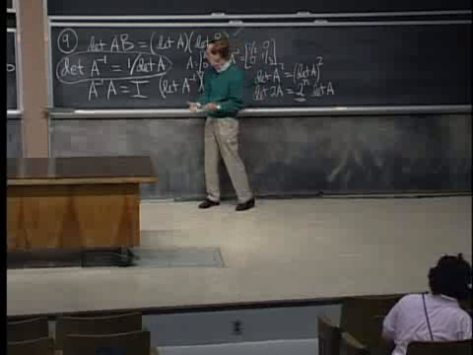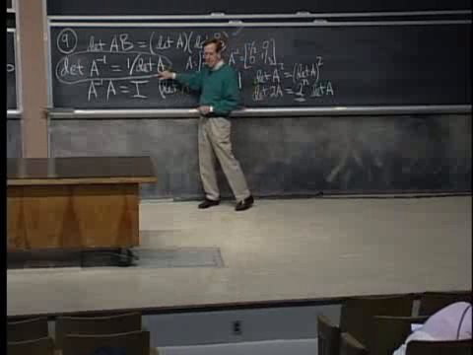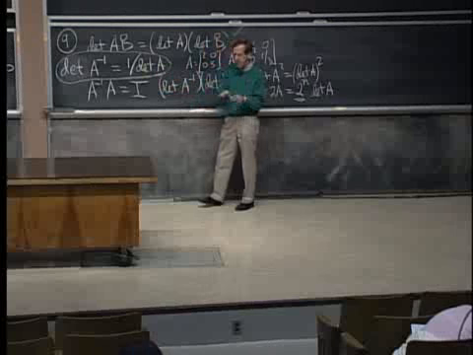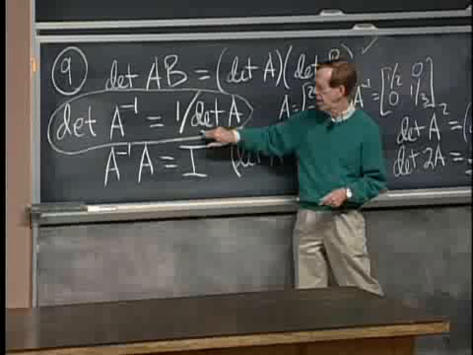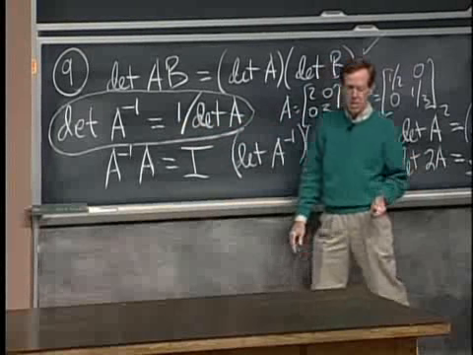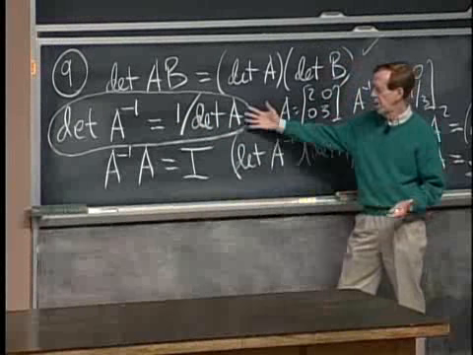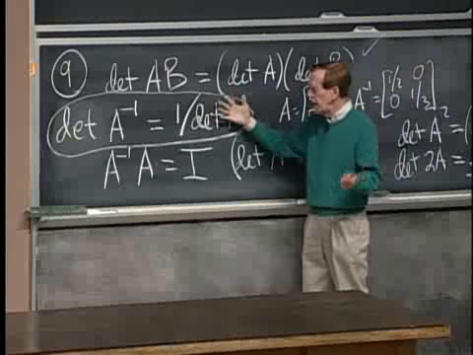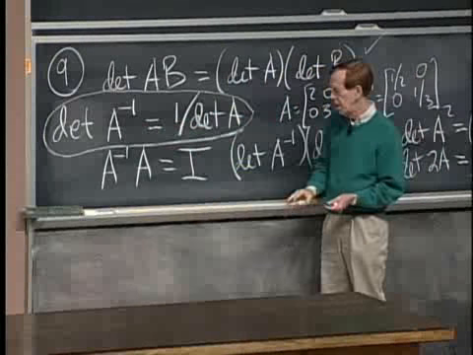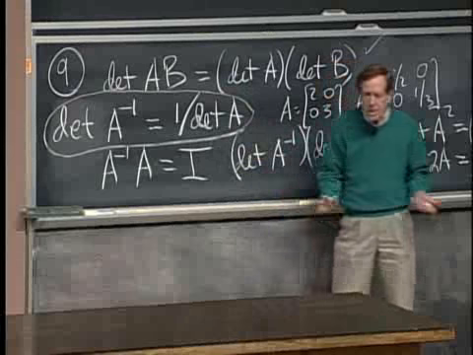It's not 0, and therefore this makes sense. The case when determinant of A is 0, that's the case where my formula doesn't work anymore. If determinant of A is 0, A inverse doesn't exist, and 1 over 0 doesn't make sense.